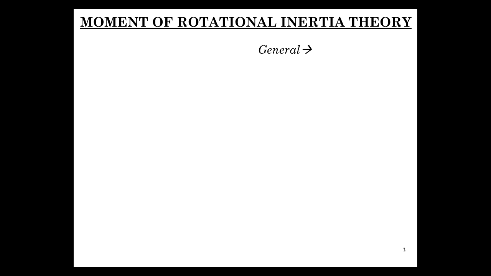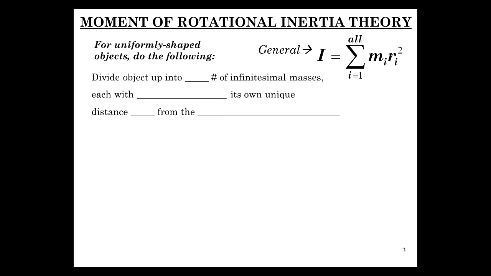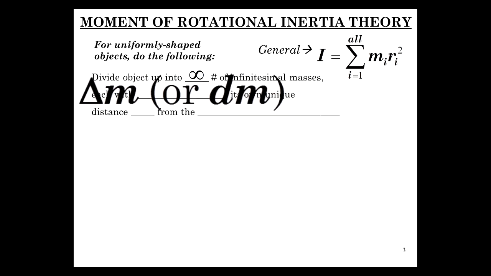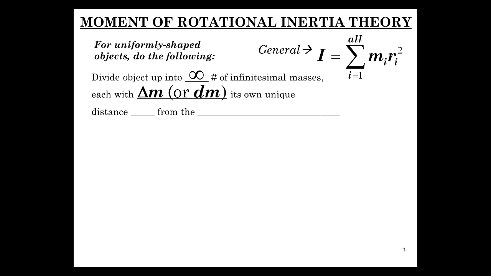So now let's dig a little deeper into rotational moment of inertia theory and see what we can discover. We have that the moment of inertia is the sum of all the m_i r_i squared. For a uniformly shaped object, here's what you want to do. You can divide the object into an infinite number of infinitesimal masses, each with delta m or dm, differential mass, its own unique distance r from the axis of rotation.